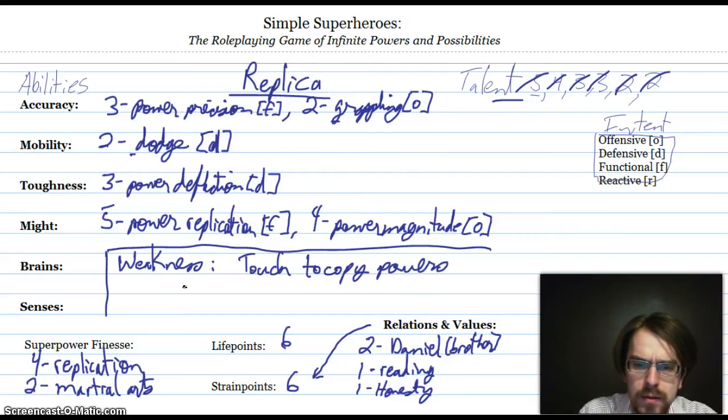And she can't roll a higher number than the talent of the person she's copying. So, die limit based on copied talent.